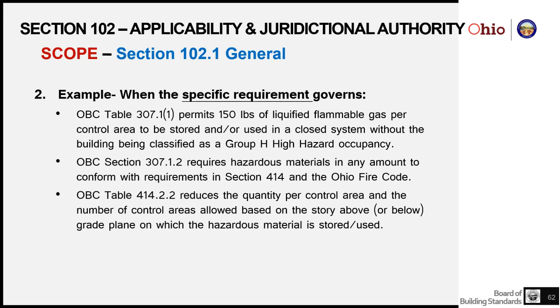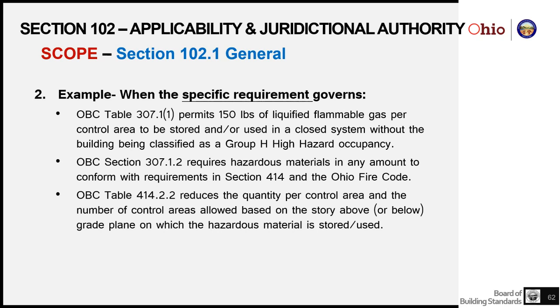But you see a little bit later in that section that 307.1.2 says that any hazardous material in any amount must conform to the requirements in section 414 and the Ohio Fire Code. Here's one of those references going over to the Ohio Fire Code. So you have to also be aware of what requirements are in the Fire Code for some of these hazards based on that type of hazardous material.